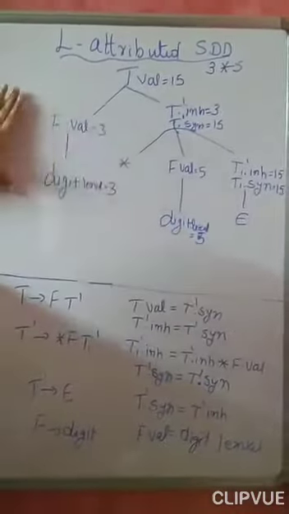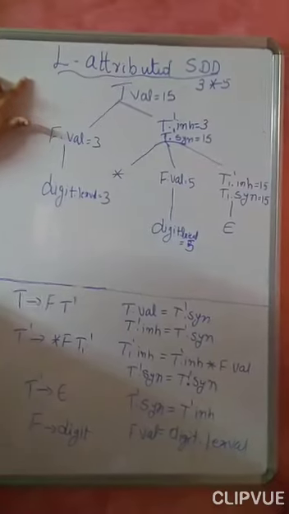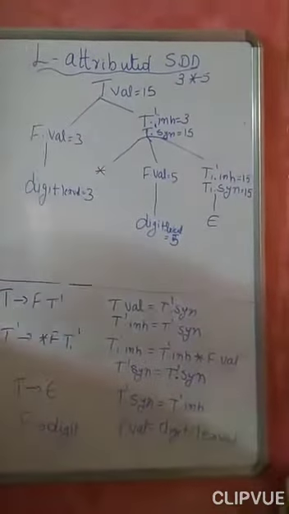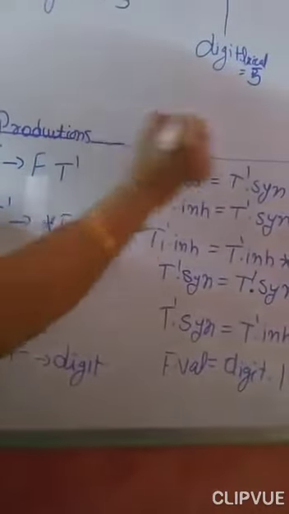This is an annotated parse tree for an L attributed STD, and this is the grammar we have. These are the productions, and these are the semantic rules.